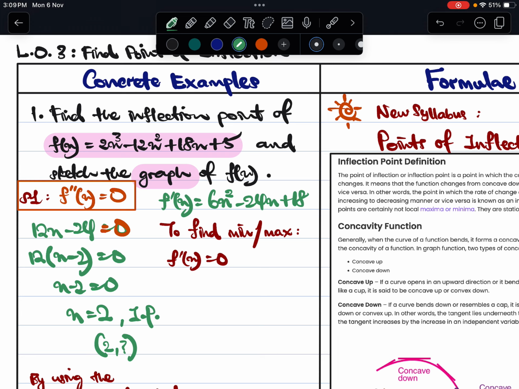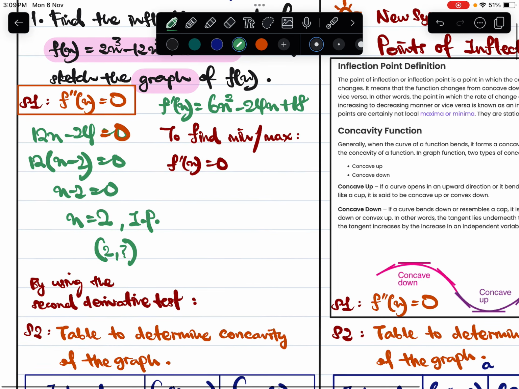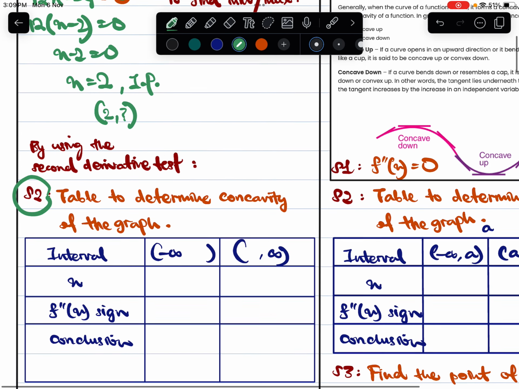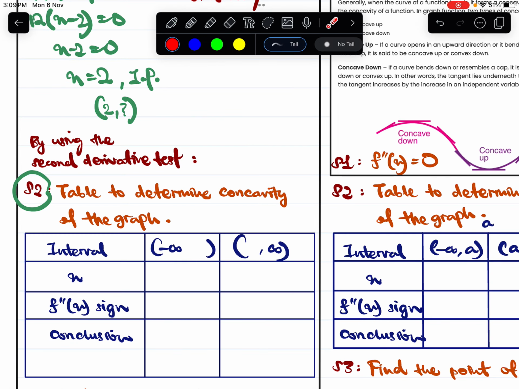But before we go to the y coordinate, it's best for us to go to the second step first, in which the table is used to determine the concavity of the graph. Again, I repeat, when you find the IP, you cannot get rid of this concavity. You must have it for the second step. So here is the example of the table that we have prepared for you. You can just follow the table here.